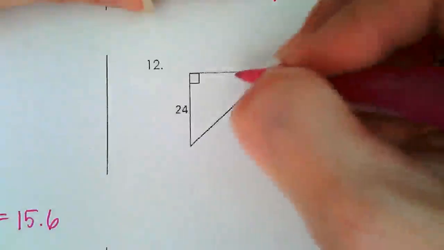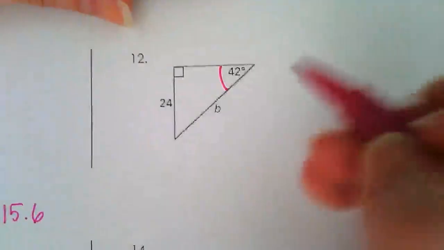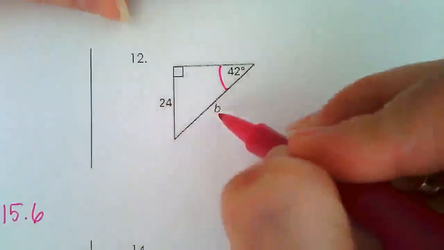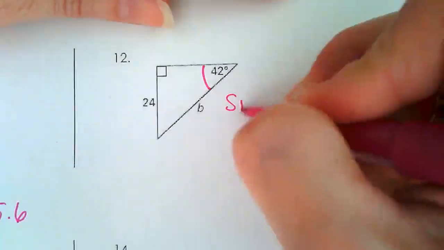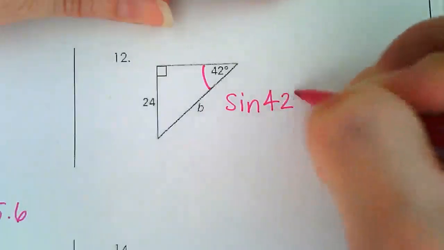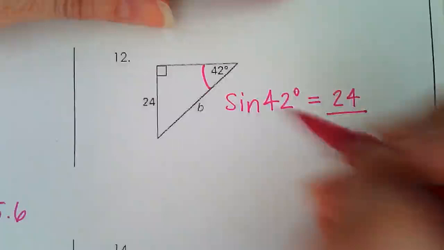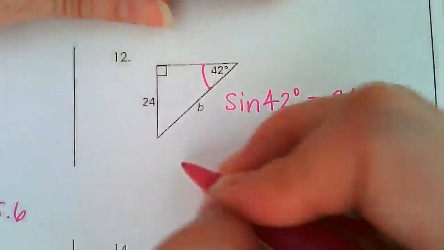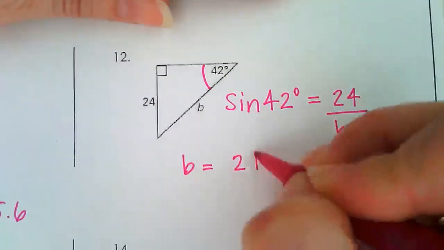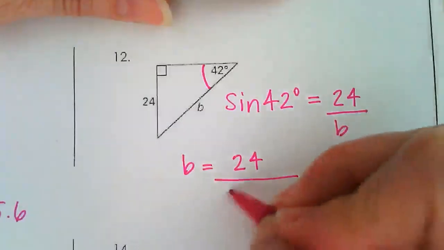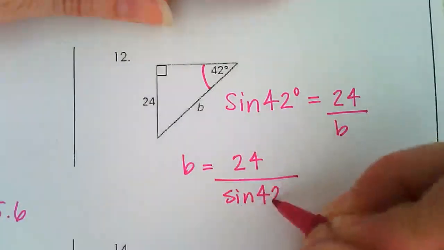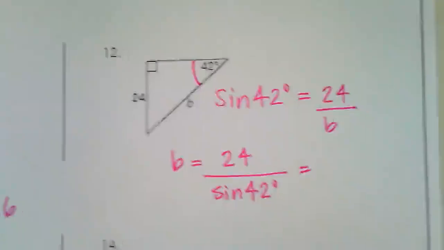All right, next up. From this angle right here, we have opposite and hypotenuse, so that's sine. The sine of 42 degrees is opposite over hypotenuse. So that means we need to do 24 divided by the sine of 42.